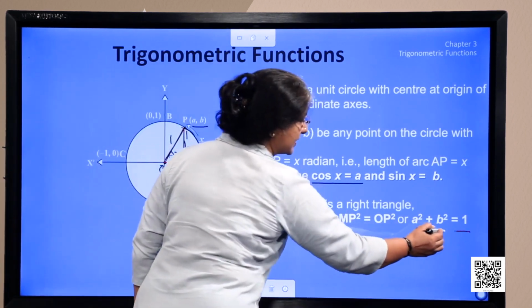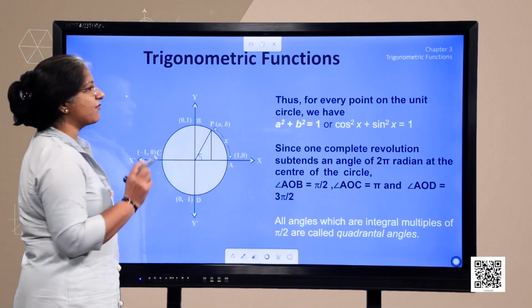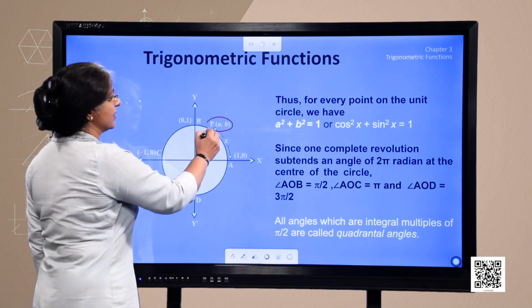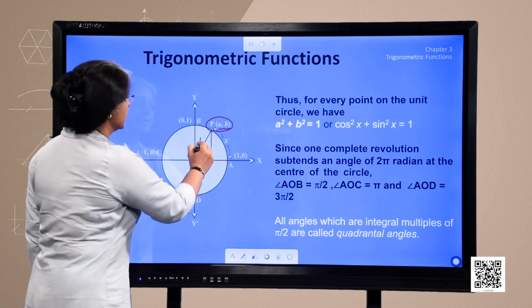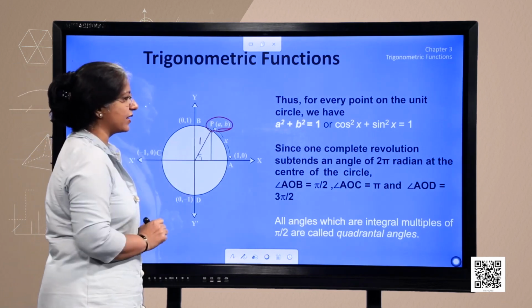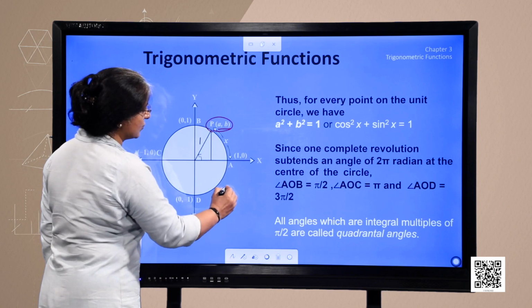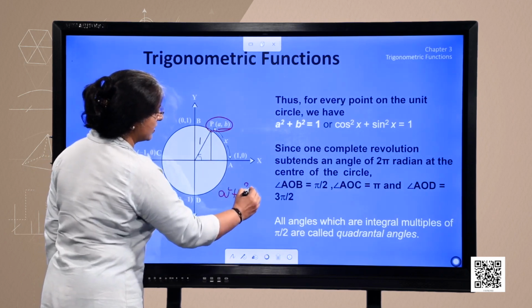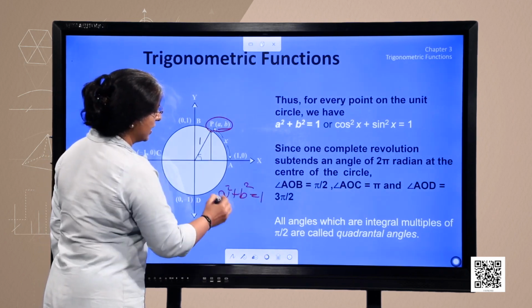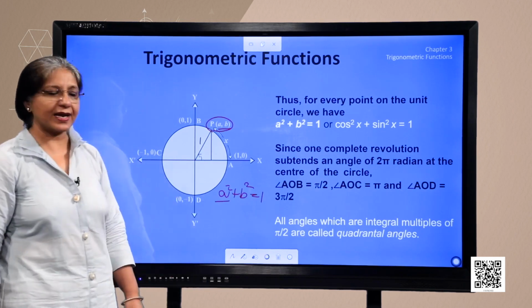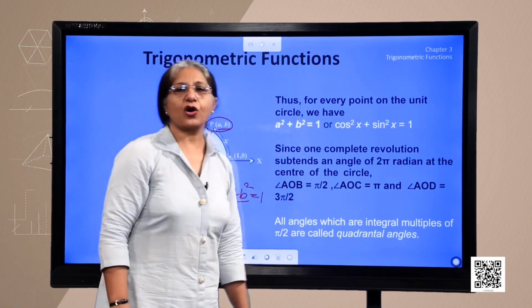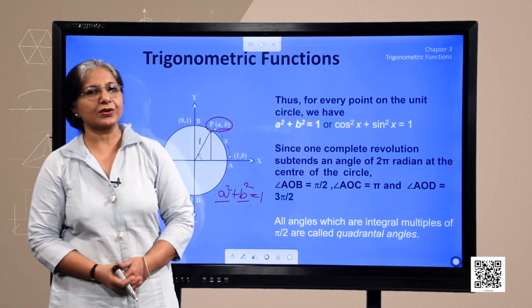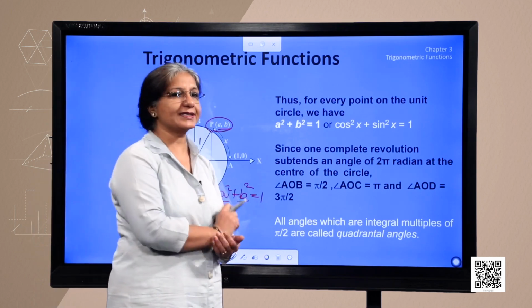So, for every point P on the circle whose coordinates are A, B and whose radius is 1, we can say A square plus B square is equal to 1. Now, A is cos X and B is sin X. So, this proves the identity cos square X plus sin square X is equal to 1, which you have already studied.